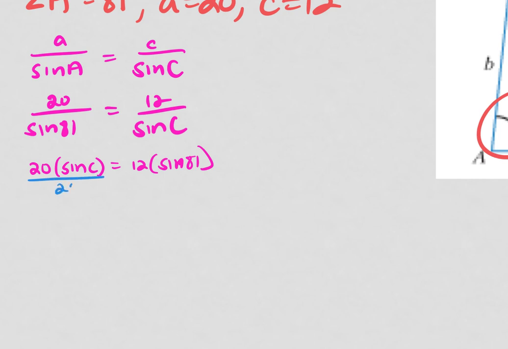And divide. And I get the sine of angle C equals, and I'm going to type that whole thing in, 12 sine of 81, hit enter, divided by 20.